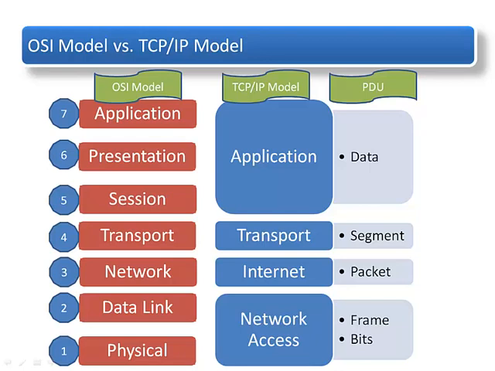These particular layers are the application and the network access layers of the TCP/IP model. The application layer of the TCP/IP model consists of the application, presentation, and session layers of the OSI model. The network access layer consists of the data link and the physical layers of the OSI model. Also notice the network layer of the OSI model is known as the internet layer in the TCP/IP model. Tomato, tomato.